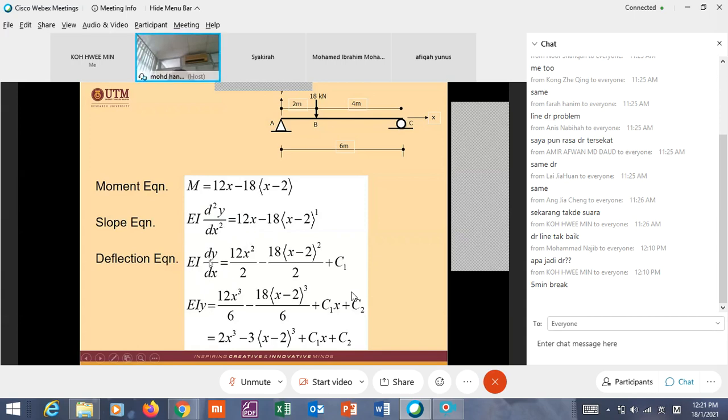Okay. So for the slope equation, integrate 12x as usual, normal integration, no difference. But in this case, where you have the bracket, the continuous function, you just integrate this bracket as a variable, not by x and 2, cannot.